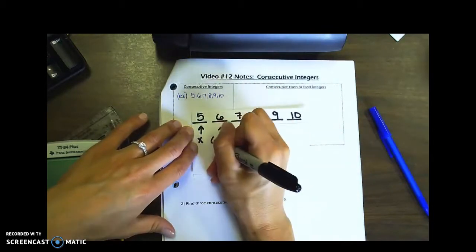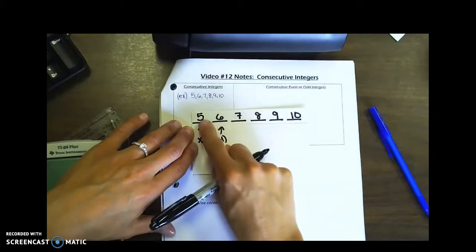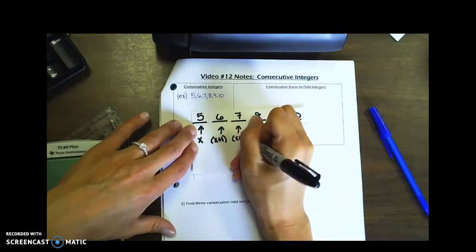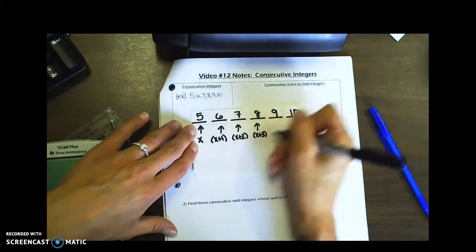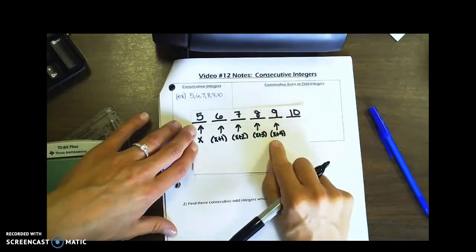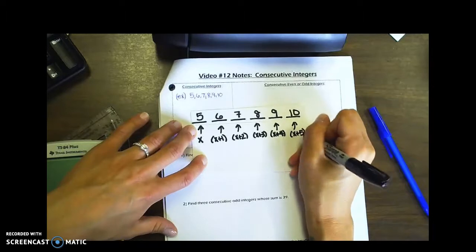Well, this would then become x plus 1. And then to get to 7, you would have to add 2 to x. To get to 8, it would be x plus 3. To get to 9, it would be x plus 4, because remember, x is 5. And to get to 10, it would be x plus 5.